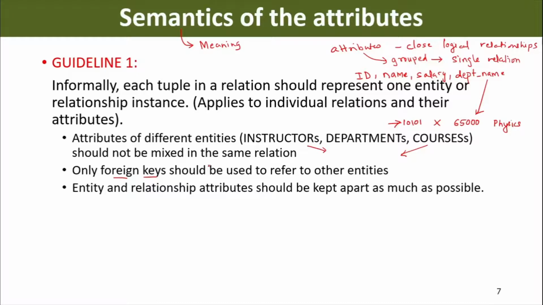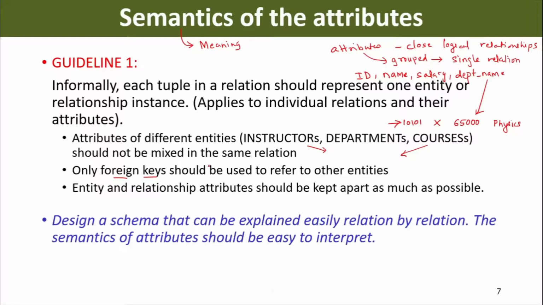Okay? And entity and relationship attributes should be kept apart as much as possible. So these are the important points under guideline number 1. So in essence, design a schema that can be explained easily relation by relation.